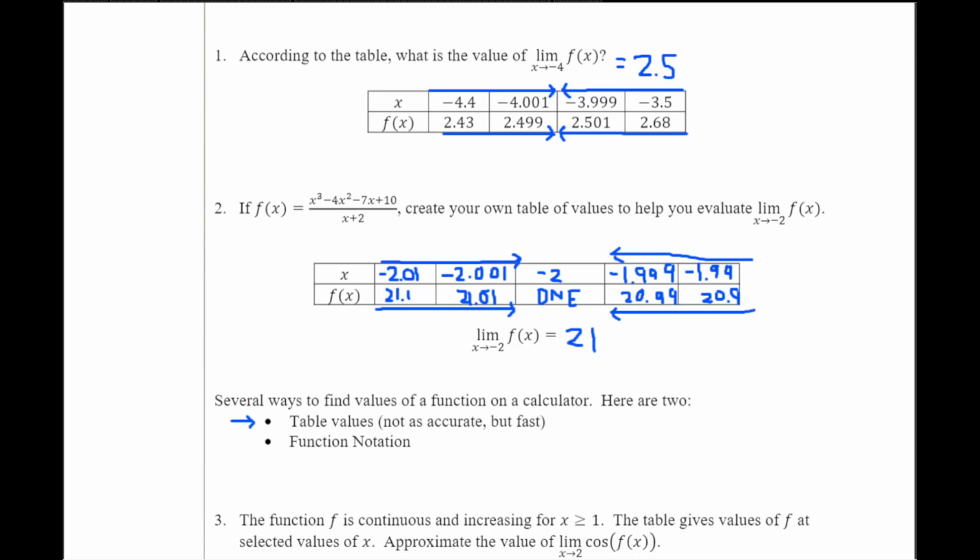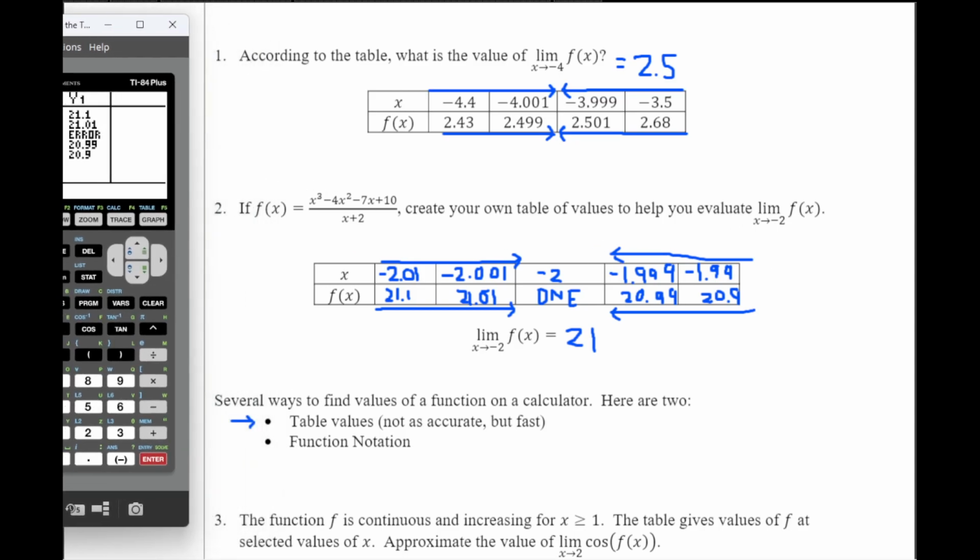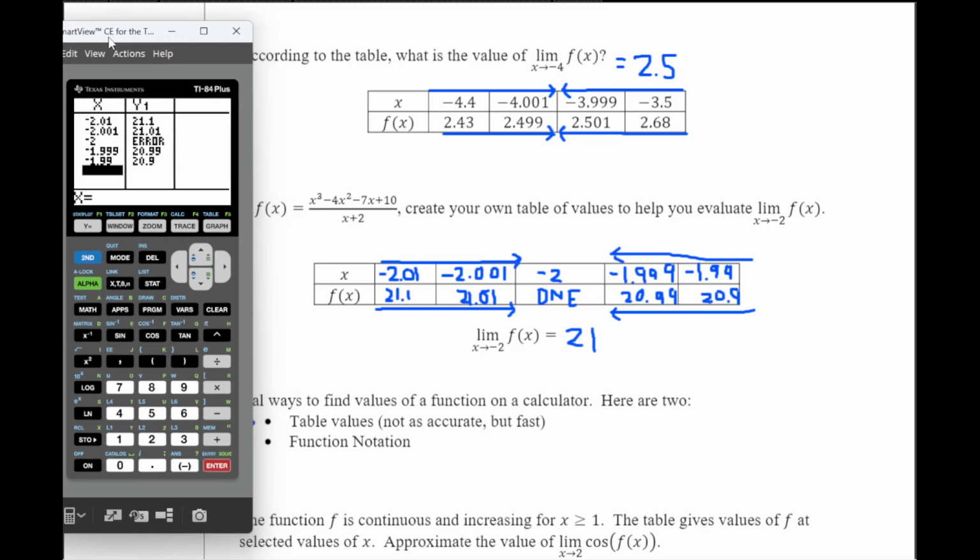If you just want to use function notation, if you go to the home screen, so let's see, go to second mode, that gets you the home screen. If you click on VARS, right arrow key, function, Y1, and do parentheses like -2.01.